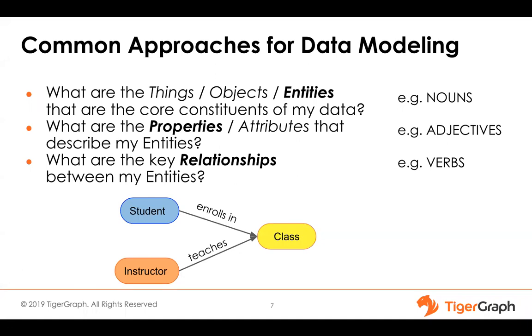So student, instructor, and class are entities, and enrolls in and teaches are relationships. I know a lot of you know this already, but the reason I'm going over this is I want to identify what we're going to be focusing on. So this is the focus, looking at the entities and properties, because those have direct corollaries to graphs.